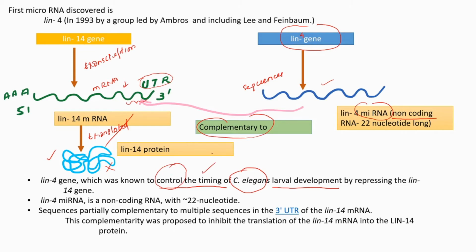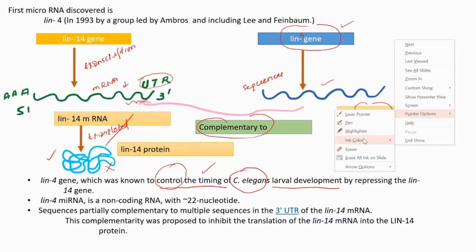In that way, scientists understood a miRNA for the first time. So, the first miRNA that the scientists discovered is Lin4. And what its role is, I have also explained to you. Okay.